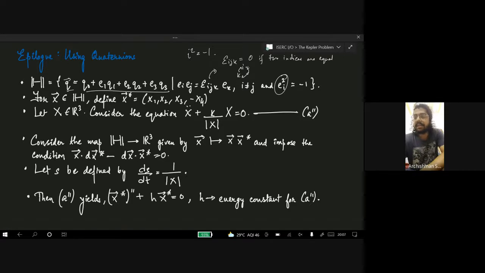If you have a cyclic permutation, epsilon_ijk is 1.